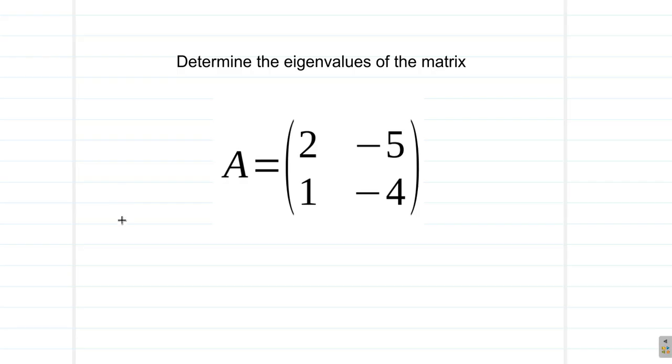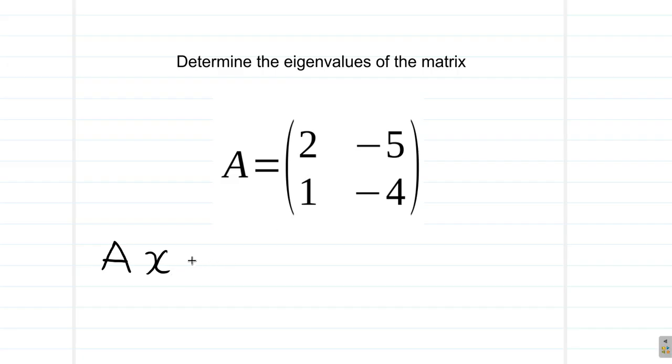Remember now, you have a matrix A times its eigenvector x, and remember, eigen means own in German. So a matrix times its own vector.